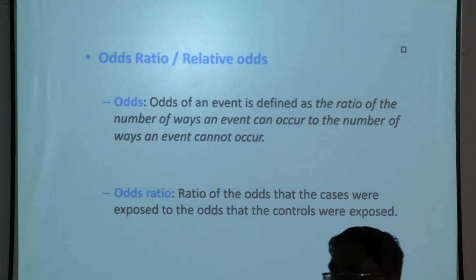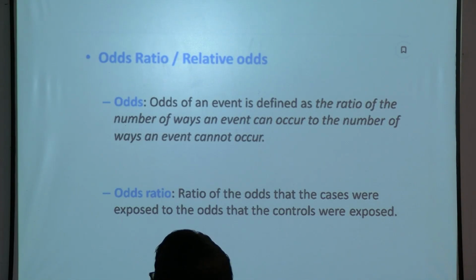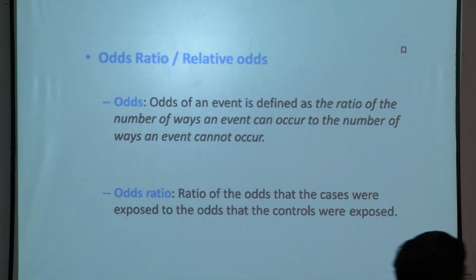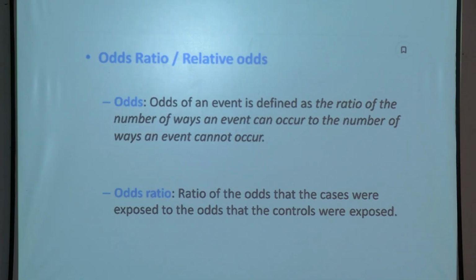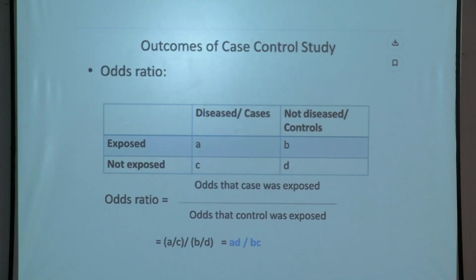So now we come back to the odds ratio. The odds is the ratio of the number of ways an event can occur to the number of ways it cannot occur. The odds ratio is the ratio of the odds that the cases were exposed to the odds that the controls were exposed.